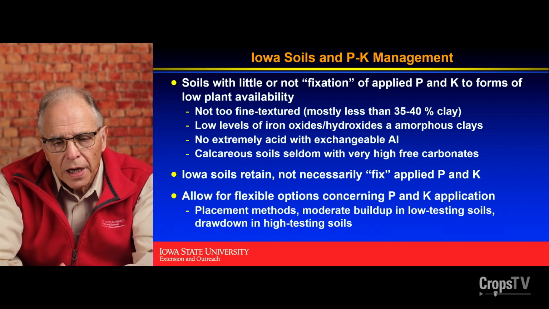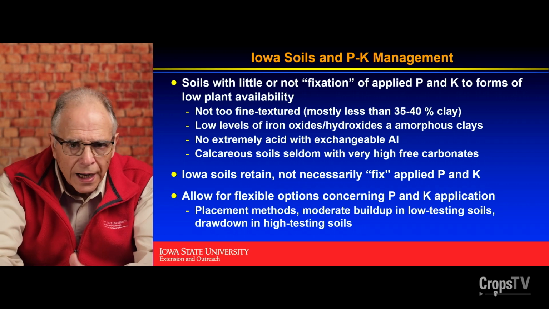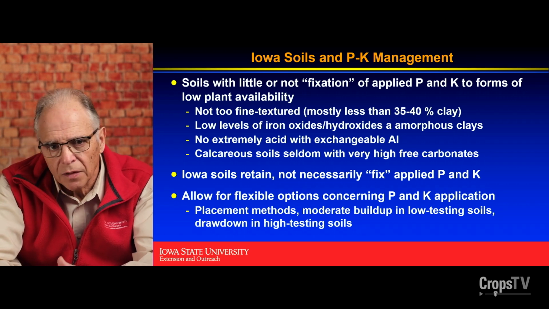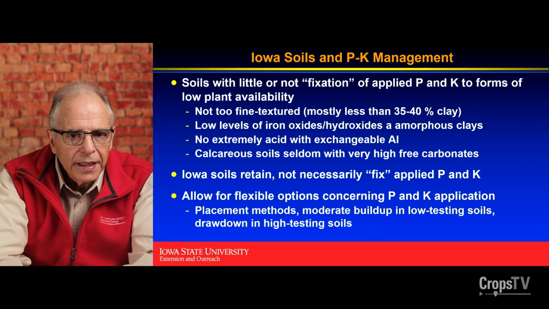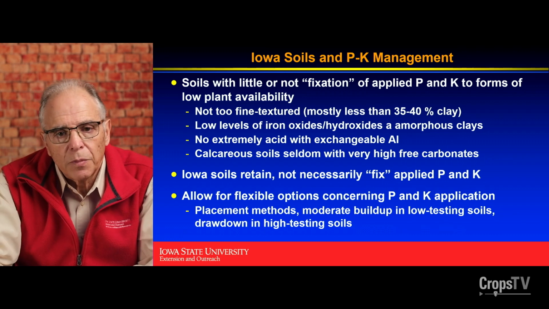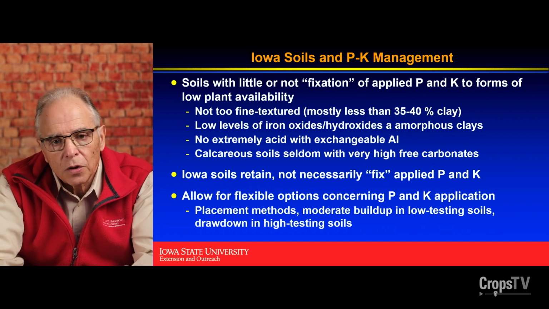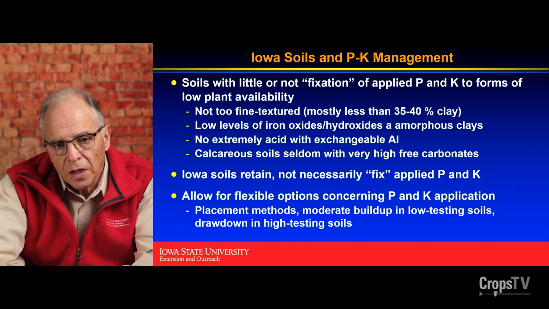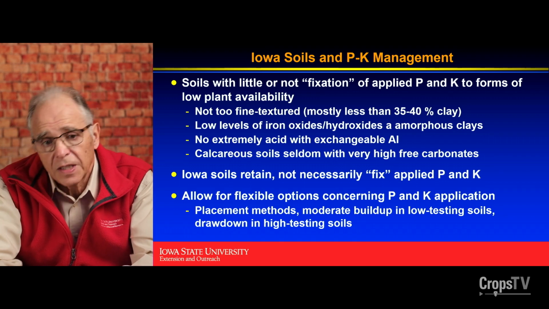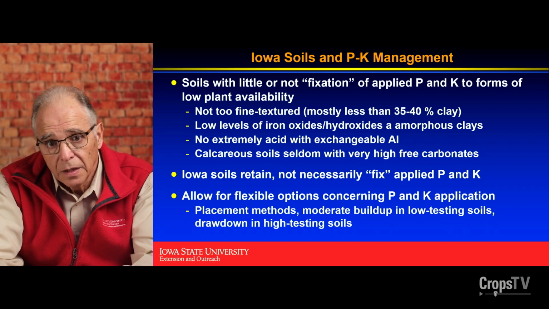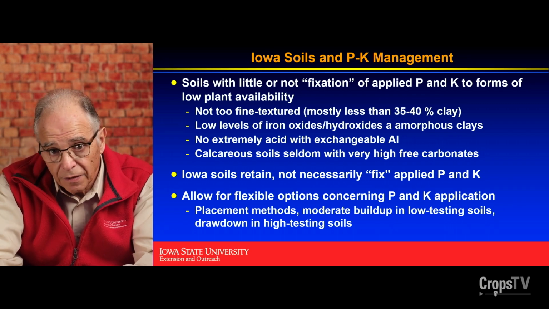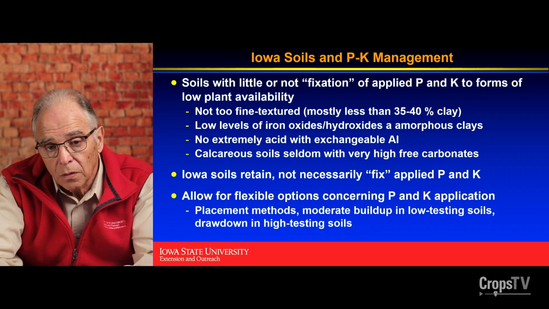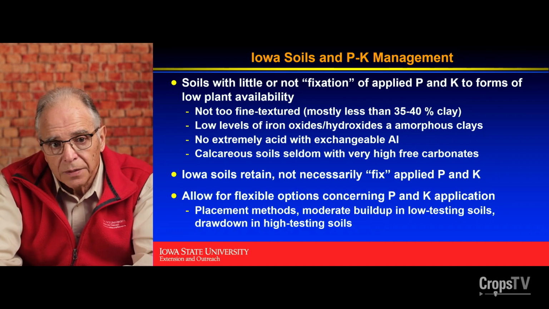I mean, we have anywhere from 1, 2 to maybe 12, 15% carbonates. If you go to some of the soils that are in the border between North Dakota and Minnesota or some of the mountain states or California, you may have 20, 30, 40, 50, 60% carbonates. Those are really fixing soils, where you have to be careful how you apply.